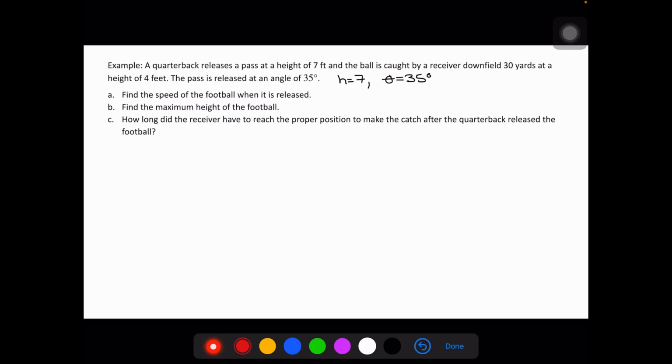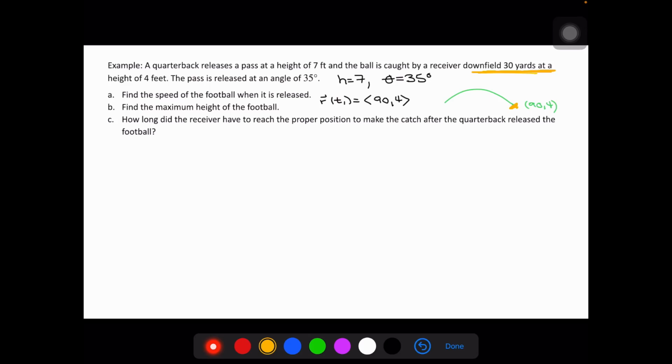And so the other information given to us is right here. The receiver caught the ball when they were 30 yards, or if we want to work in feet, which we should, 90 feet away from the starting point at a height of 4 feet.